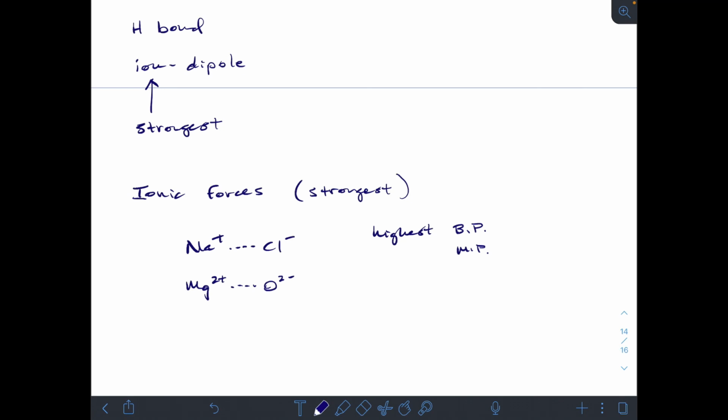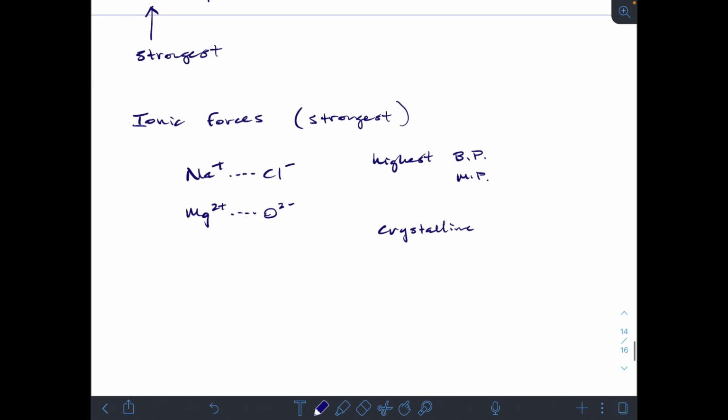They tend to be crystalline. Because they are so strong, they just form crystals, they go straight to solid. So I don't really count ionic forces in this category, but they are the strongest. But they are technically intramolecular forces. Some textbooks don't even put them in the same section of the chapter.